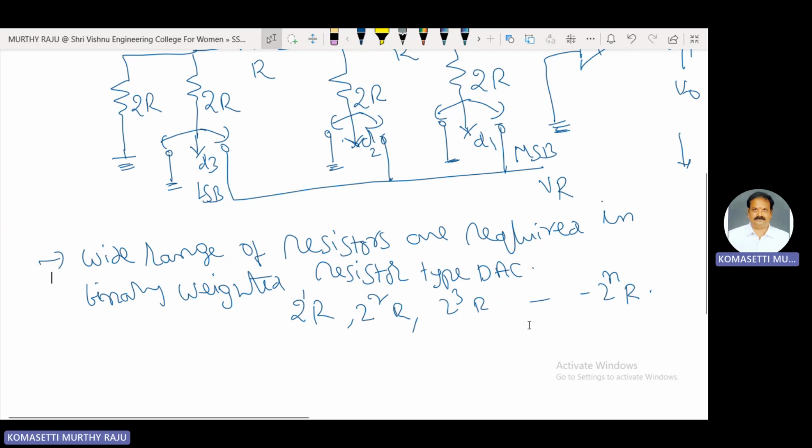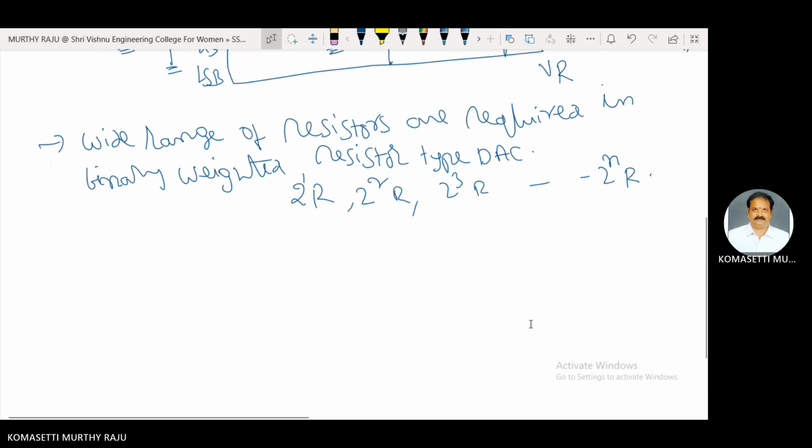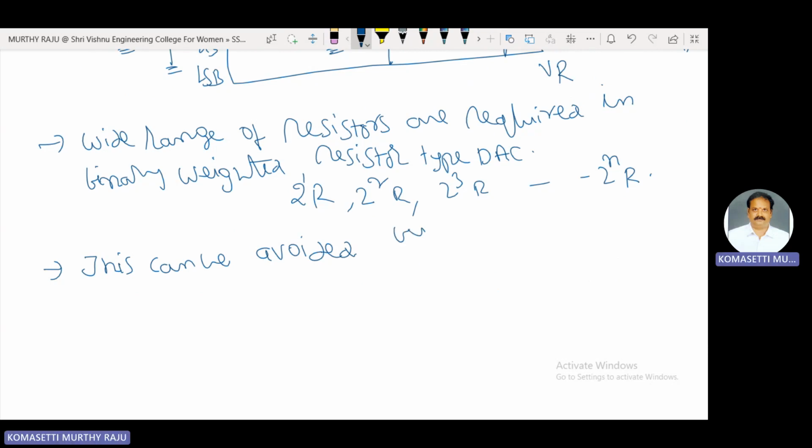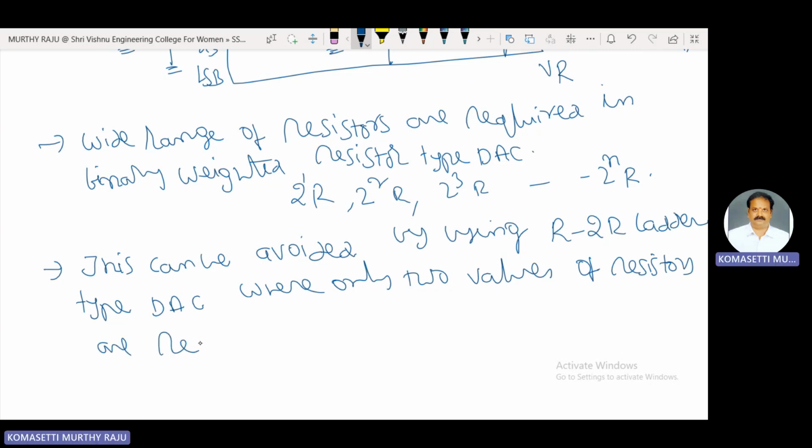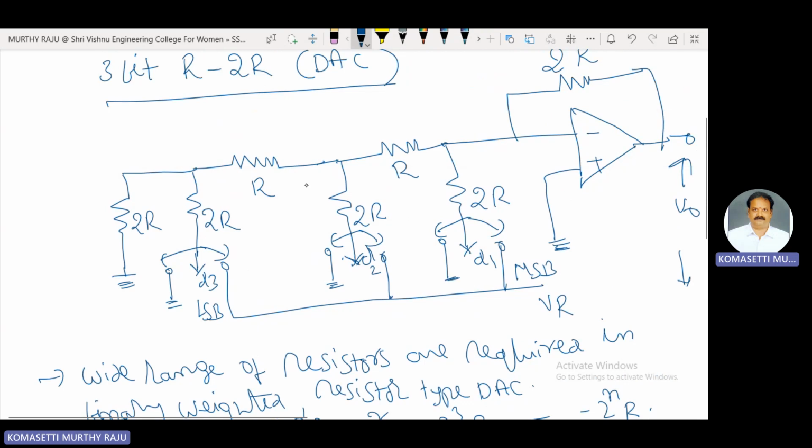This can be avoided by using the R-2R ladder type digital to analog converter, where only 2 values of resistors are required. This is the R-2R ladder network.